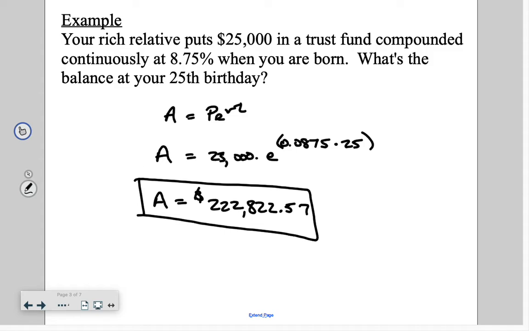Almost never do you have something that compounds continuously. So the clock is never always running, where you're always earning interest on top of interest. That's a little bit unrealistic. The other part is the 8.75%. That's way high. Normally, does anybody know off the top of their head, if you just put something into a savings account, I want to say savings accounts are like 1%, maybe.